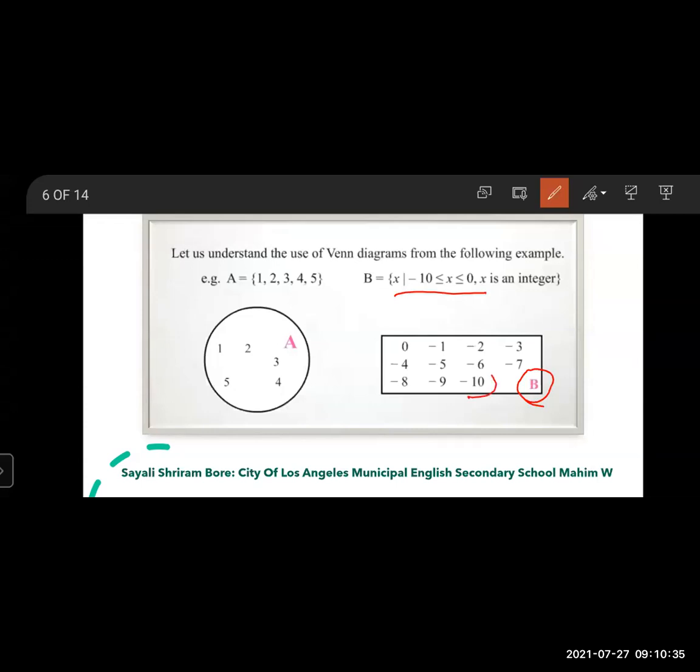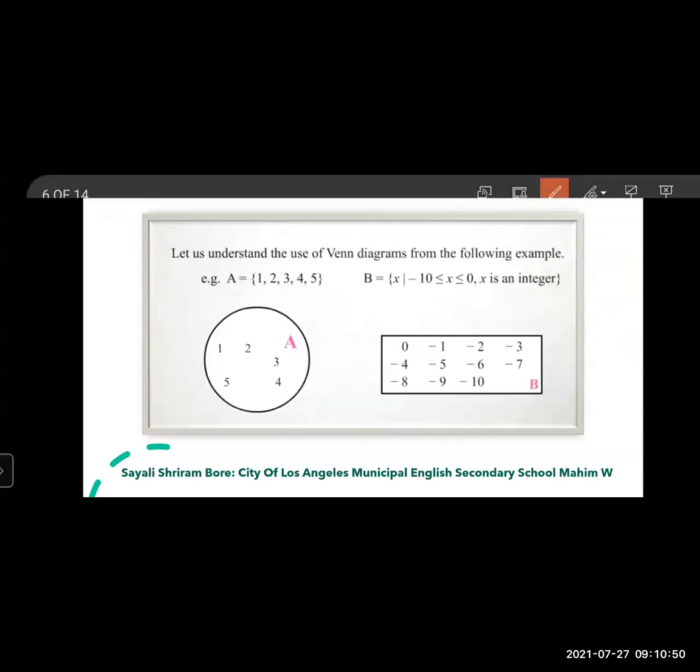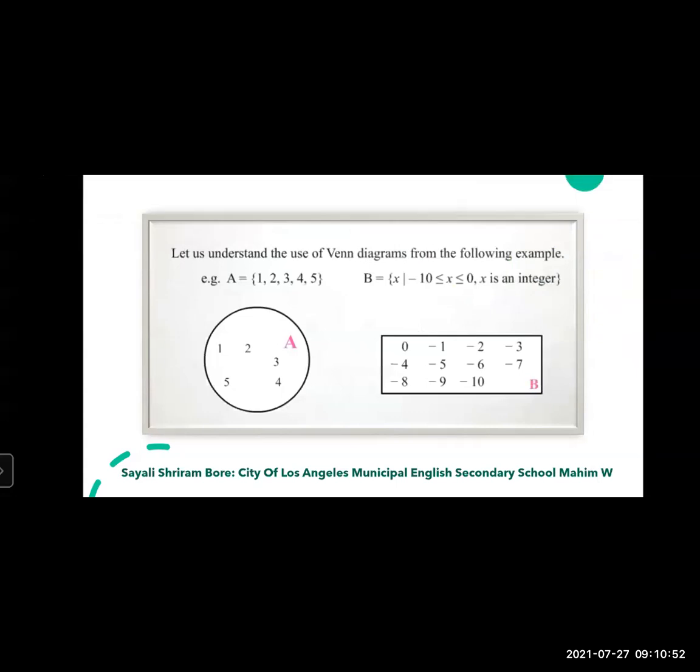I have included minus 10 and 0 because the less than or equal to sign is there. So this is how you can represent any set using the Venn diagram, whether it is a listing method or a rule method.